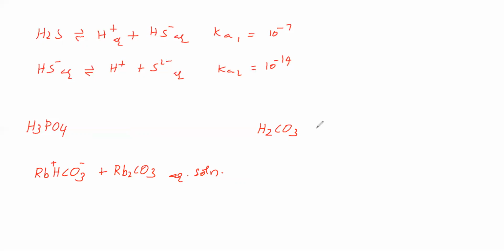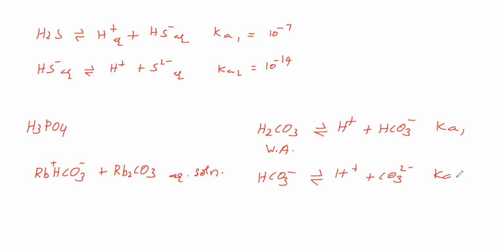This H2CO3 dissociates to give H plus and HCO3 minus. For this we can say Ka1. This Ka1 value is less than 10 power minus 3. Therefore we can say it is a weak acid. This HCO3 minus on further dissociation gives H plus and CO3 2 minus. For this we can say Ka2.